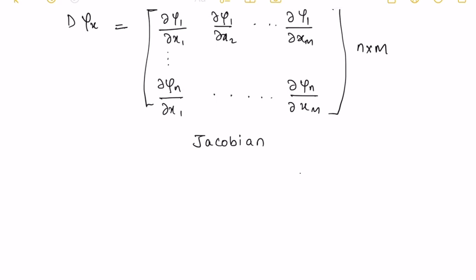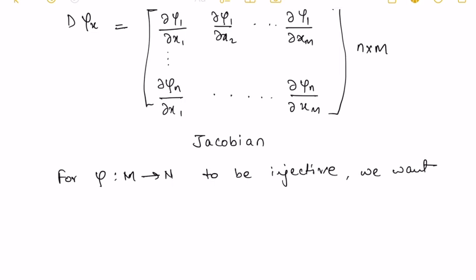Now for the mapping function psi, which goes from m to n, to be injective, we want the rank of this Jacobian matrix that we found, d psi x, to be equal to m, which is the dimensionality of the manifold that the mapping function is defined from.